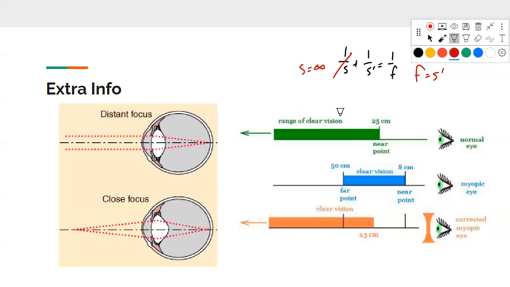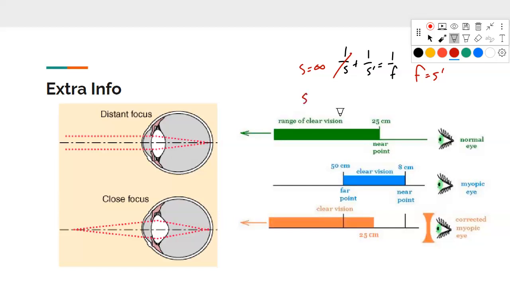But your lens can actually be adjusted, and this is why you can look at things and form images of objects that are far away or of objects up close. When you make that transition, muscles in your eye are actually tugging on your lens in order to change its shape, similar to the lens maker's equation. And so long as they hold that shape, you'll be able to focus some image at a closer point.